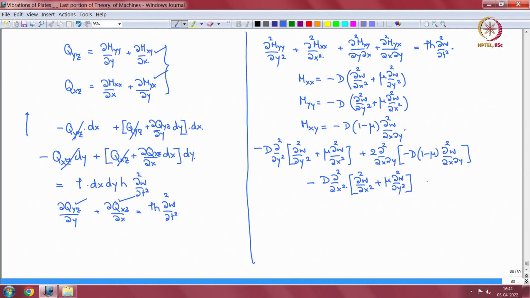Okay, this is equal to rho h w double dot.